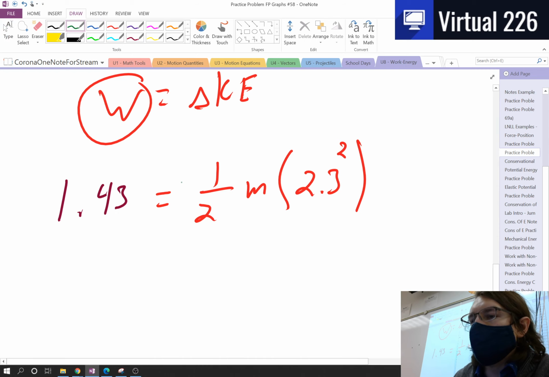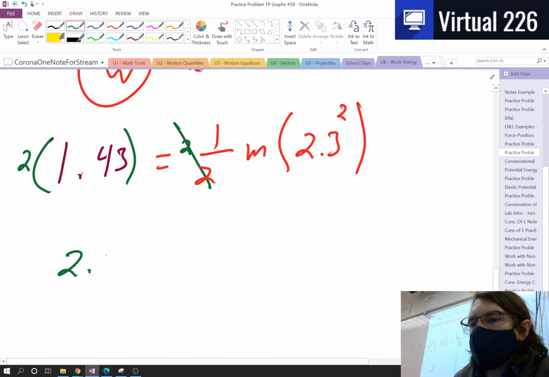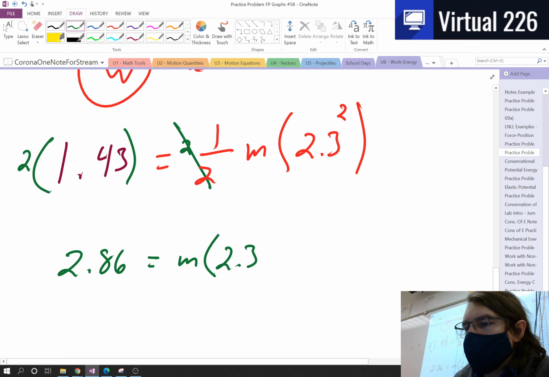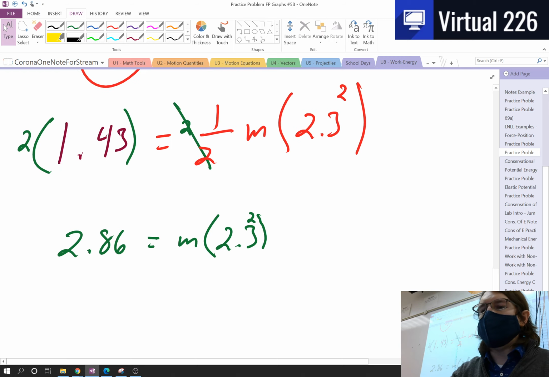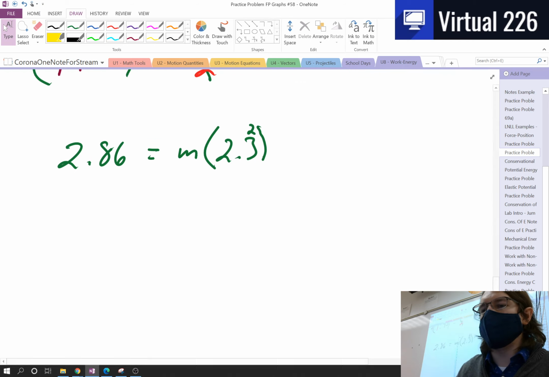This equation right here is now easily solved for m. We can multiply each side by 2. So we're now going to get 2.86 equals m times 2.3 squared. If you want to square the 2.3 and then divide it, or divide by the 2.3 squared, it doesn't really matter. Let's square it first. So 2.3 squared is 5.29.